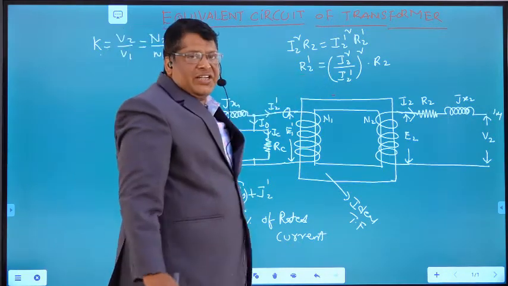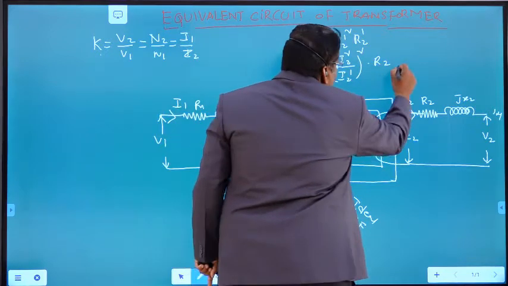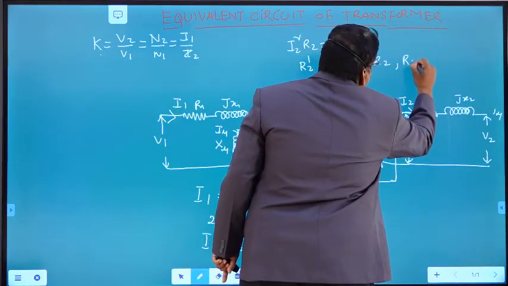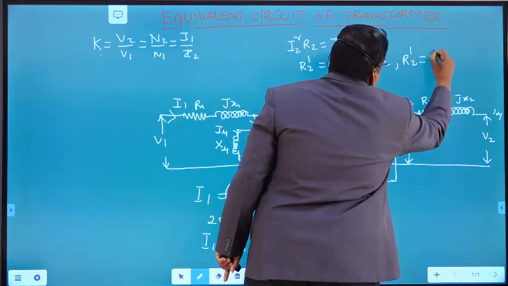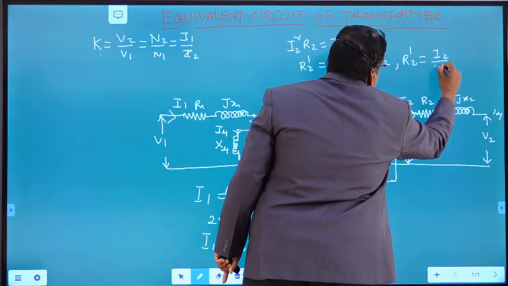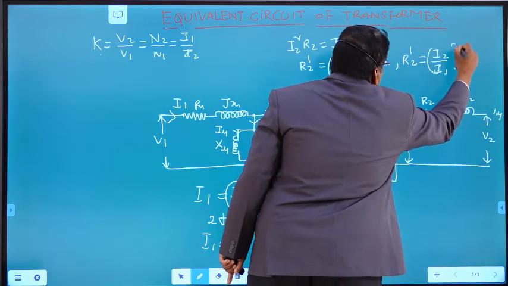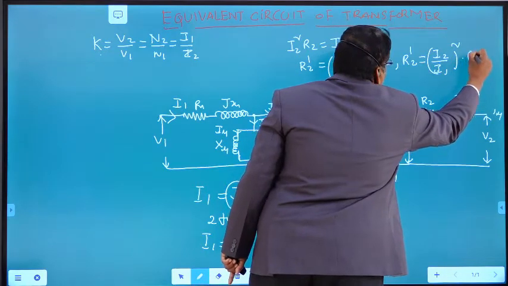Now in this equation, we can write R2 dash equal to I2 by I1 whole square into R2.